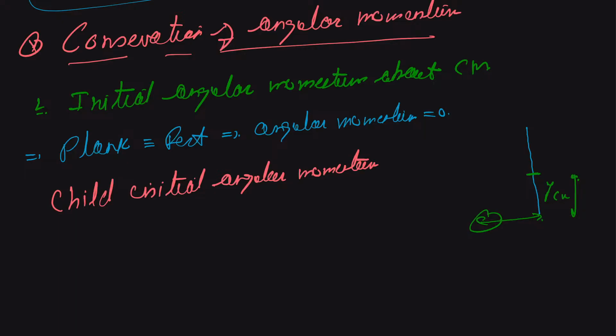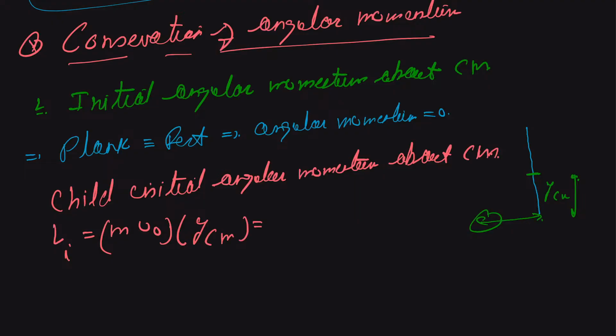The child's initial angular momentum about the center of mass, which we can call L initial, will be equal to m v naught times our YCM.